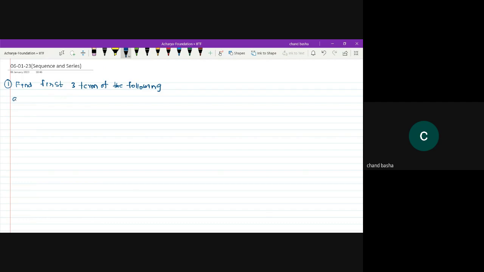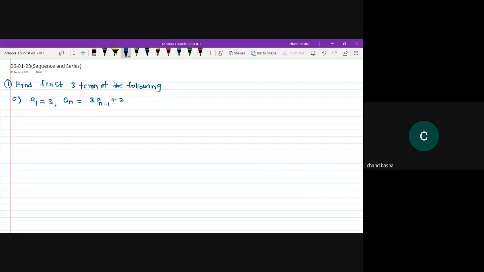Question number 1: A1 will be given to you, and AN is also given to you: AN equals 3 times A(N minus 1) plus 2. What is it asking? The first three terms.